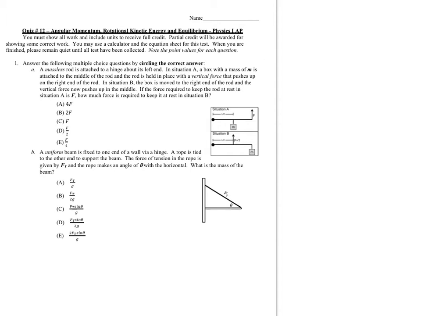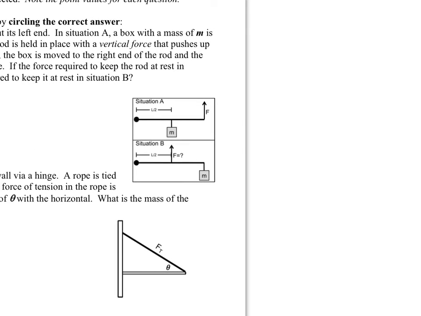So let's start with this first one. We have a massless rod here, and we have a hanging mass attached to that massless rod and some force pushing up, supporting it. Now what changes is there are two different locations for the mass and for the force, but I'm just going to first start with thinking about my torques. In both situations, we can say that that force is providing a counterclockwise torque, doesn't matter where it's acting from.